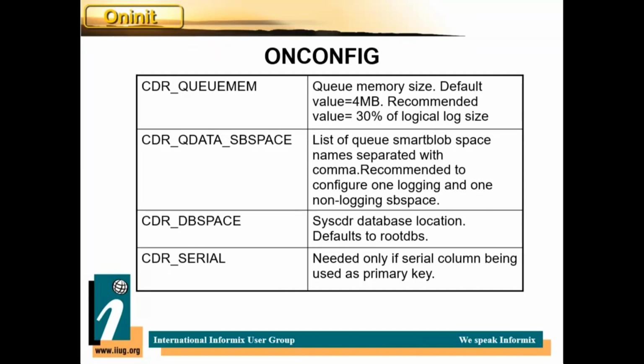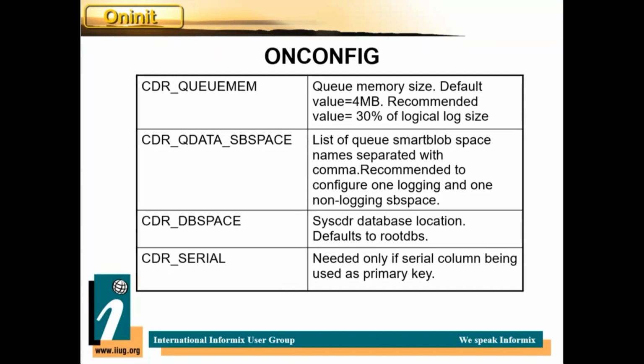We would configure the CDR DB space variable, and when we initialize CDR, it will create the database in whatever DB space we wanted. We cannot change the CDR DB space once the system is configured. We would need to rip everything down, change it, and rebuild it.